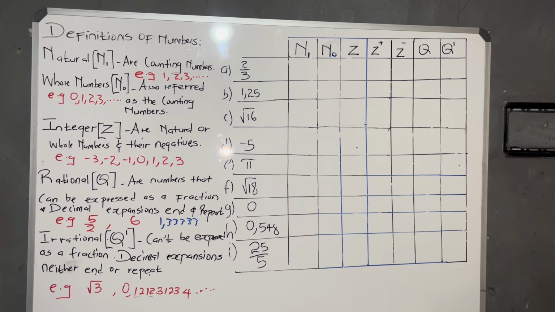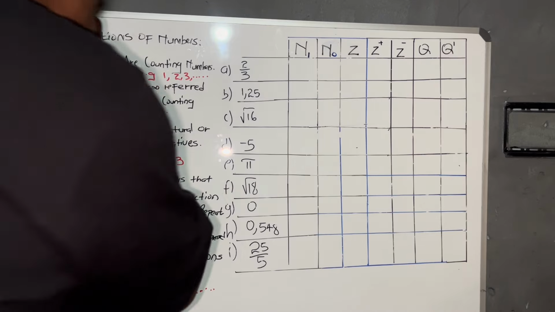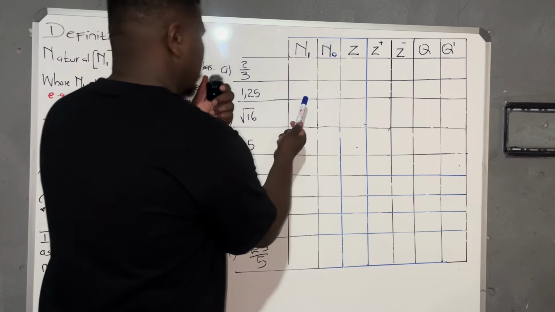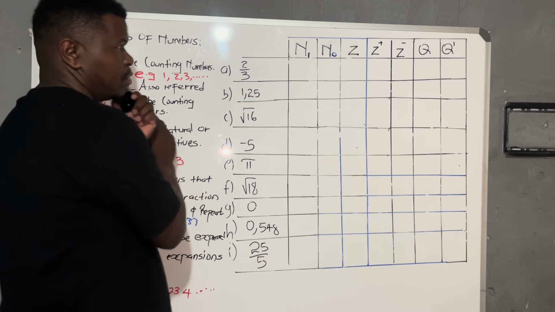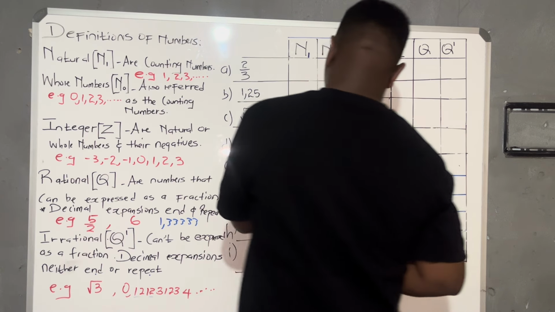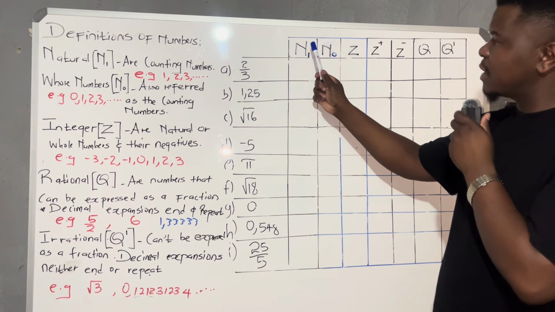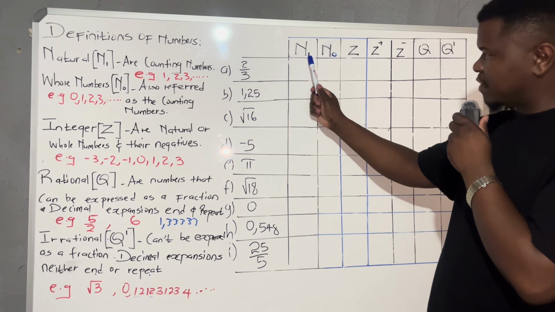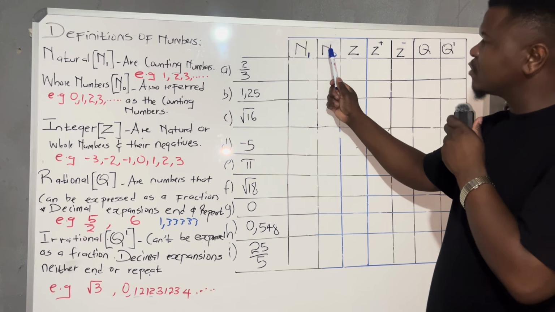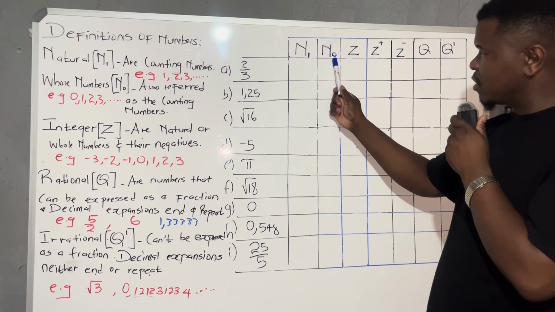Now, with that being said, let's look at what we have on the table. Apart from this, now we know this is natural numbers because they start with 1. This is whole numbers, they start with 0.